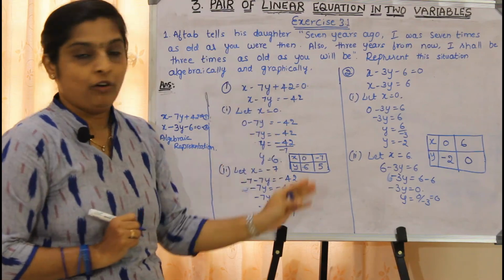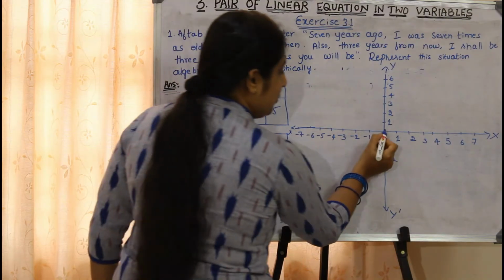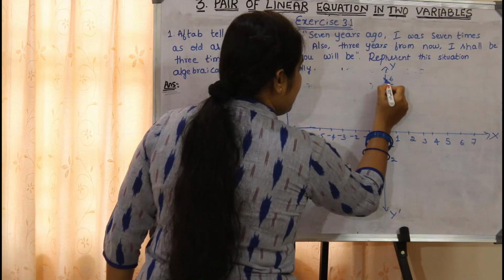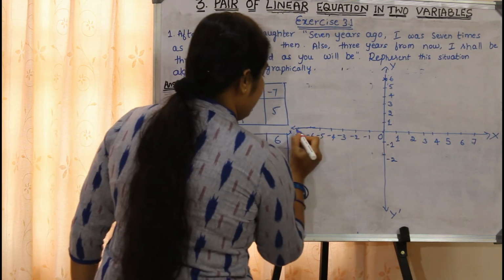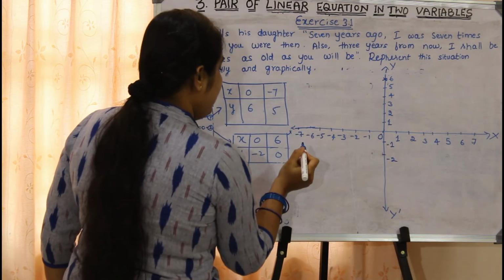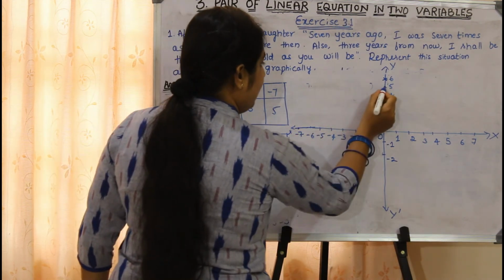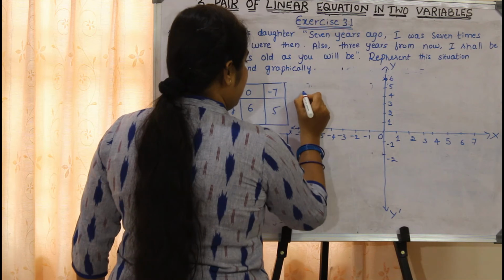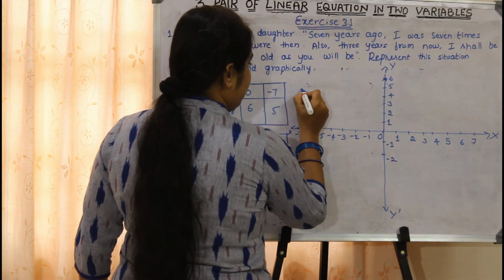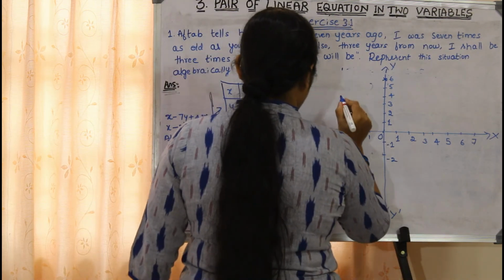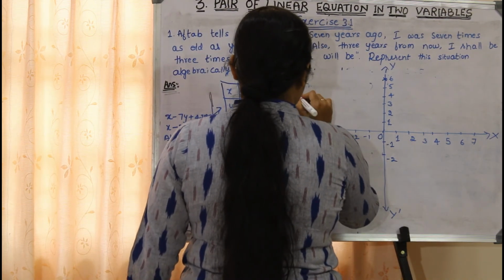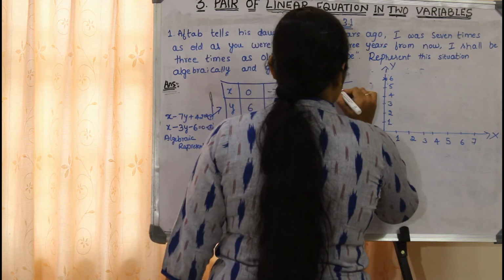Let us plot it on the graph. y is 6, so x is 0, y is plus 6. So first point will be here. Second point is x is minus 7, that is this one, and y is plus 5. So because I don't have a scale, I am just drawing as I can, trying to use my hand as a scale.